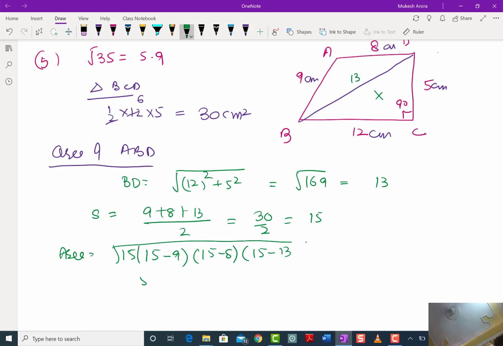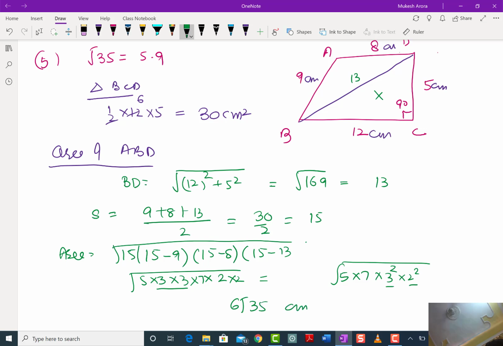So it is 5 into 3, 9, 6, 3 into 2, 8, into 7 and into 2 under the root, it will be 3 into 2. So it will be 5 into 7 into 3 raised to the power 2, 2 raised to the power 2. From 3 and 2, 6 root 35 centimeter square.